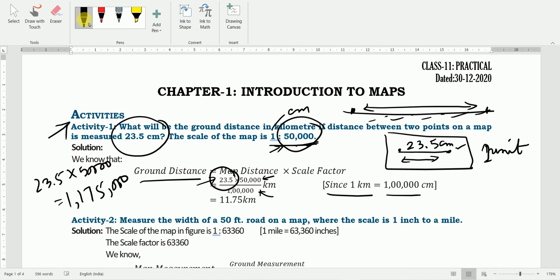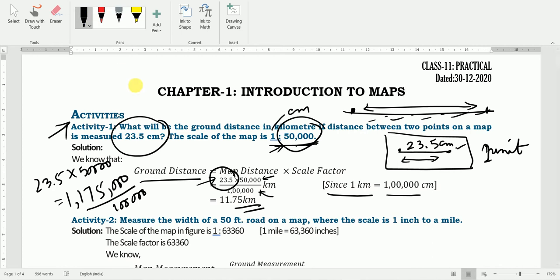Okay, so if we divide it by this 1 lakh, then we have got 11.75 kilometer. So 11.75 kilometer is the actual ground distance. Okay, so in this way we have to calculate.